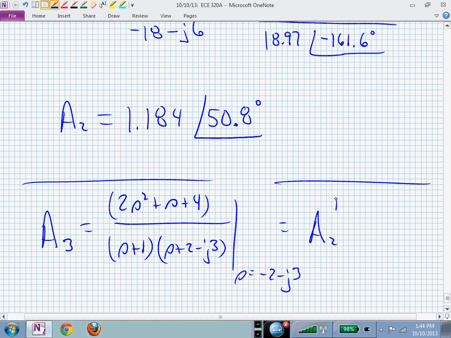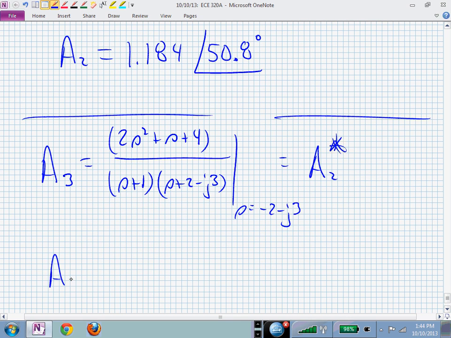But lo and behold, it's just the complex conjugate of a sub 2, so you really don't have to do anything except change the sign of your angle. So a sub 3 ends up being what? Has the same magnitude, doesn't it? If I need the conjugate of a sub 2, I simply keep the magnitude and change the sign.